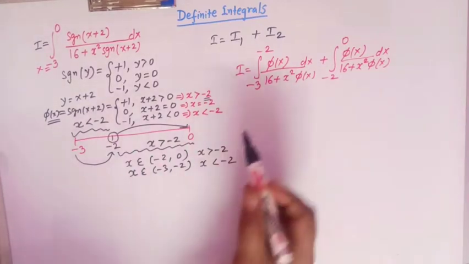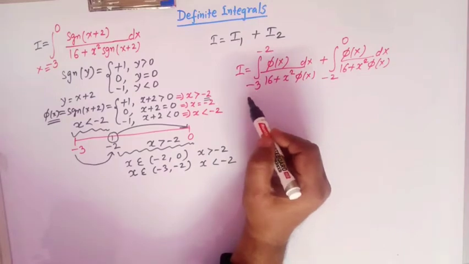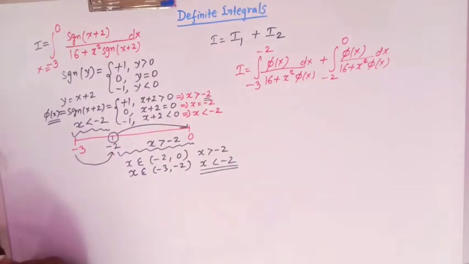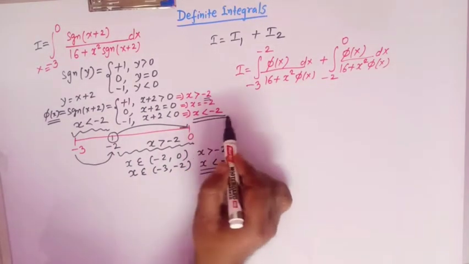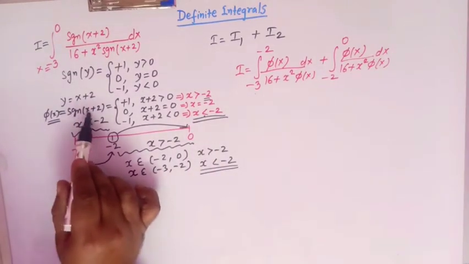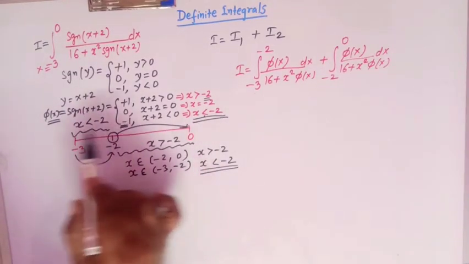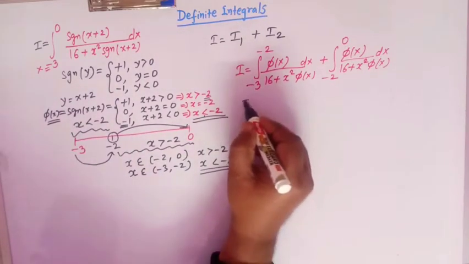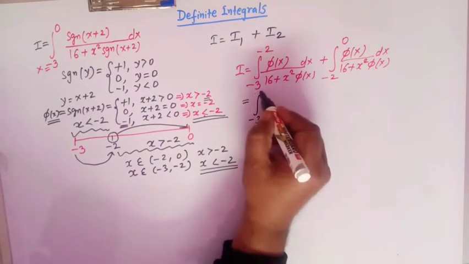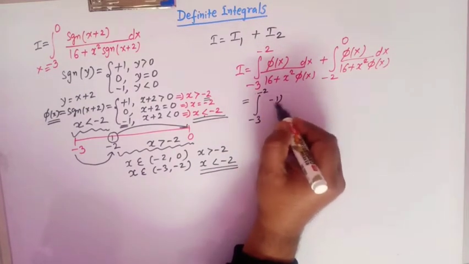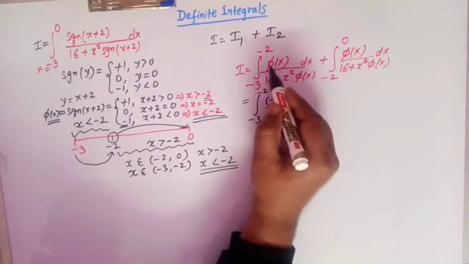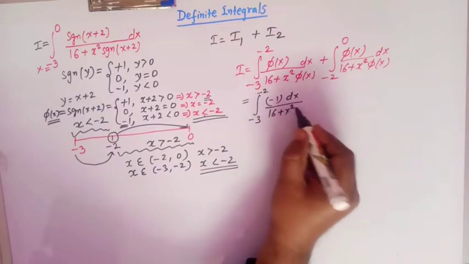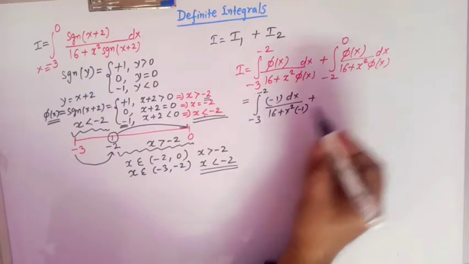Whenever x lies between -3 and -2, x is less than -2, so signum of (x+2) has the value -1, which means phi of x has value -1. So in the first integral we have -1 in the numerator, and 16 + x² times -1 in the denominator.